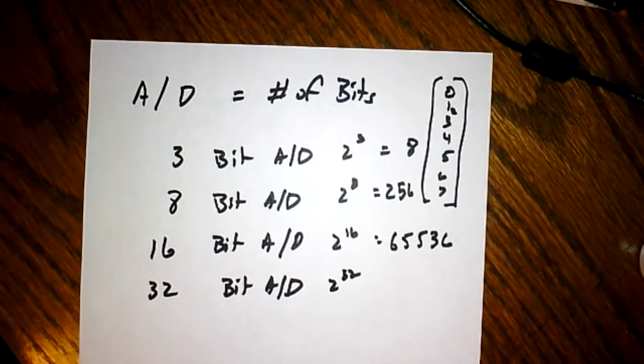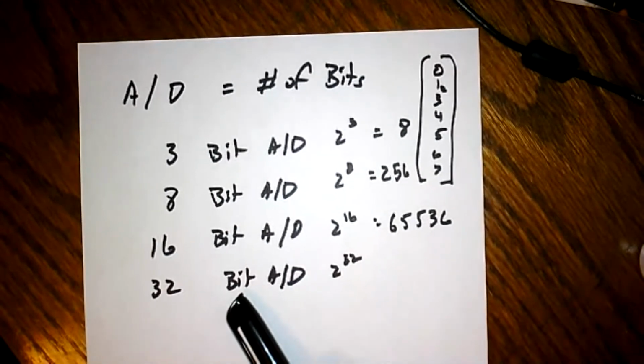But this is telling us how high we can count. I'm not going to write it down. That is 4,294,967,296, so I'm off by 1. You can do it. It's a lot.